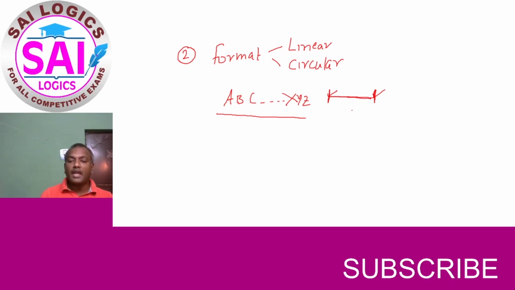If the same line has been converted into a circle, we may not be in a position to find where the circle ends are located. So if you write the alphabet here in linear format, we can very easily say A, B, C, D, E. E is on the extreme right and A is on the extreme left.